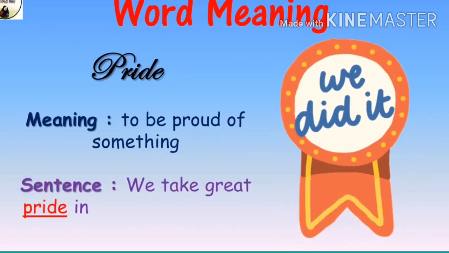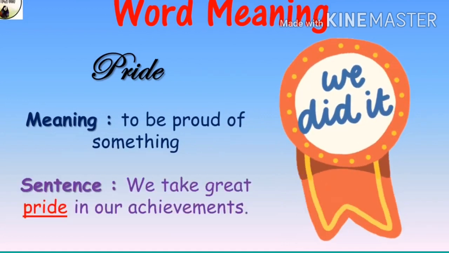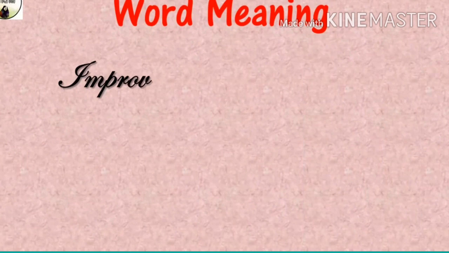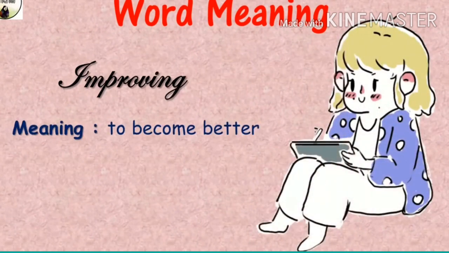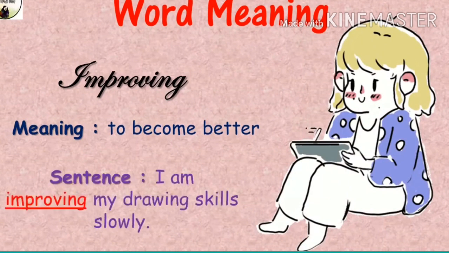Sentence: we take great pride in our achievements. Next word is improving, meaning to become better. Sentence: I am improving my drawing skills slowly.